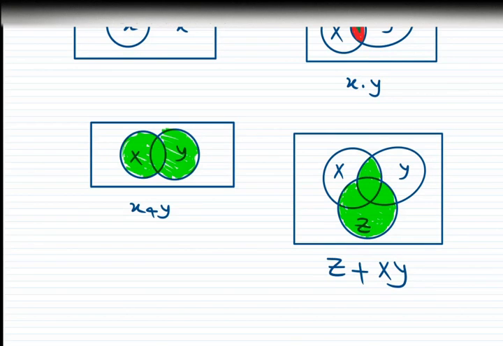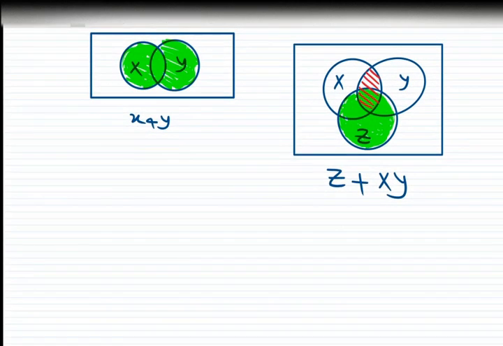In fact, we divide this space into two spaces. One is the green area, which is z, and the other one is these red lines, which is x and y. So if we combine these two spaces, we will have z plus x y.